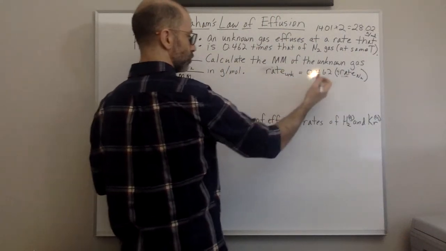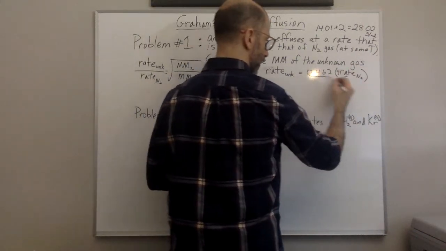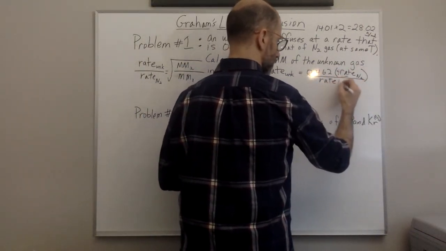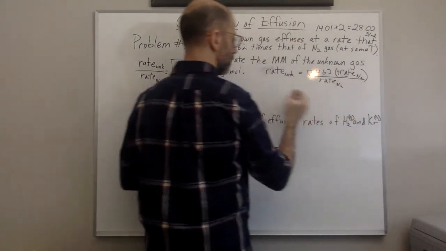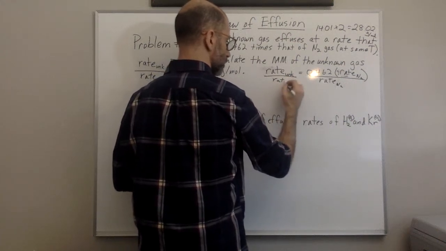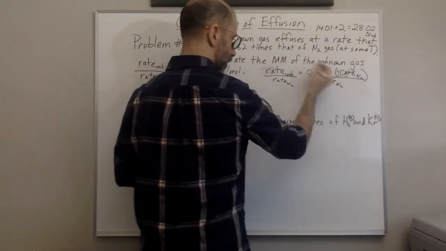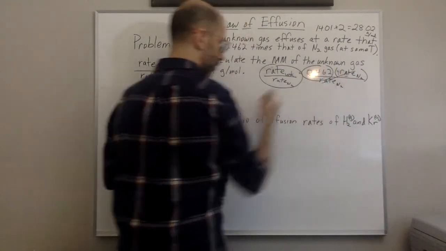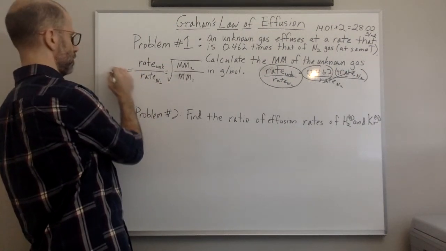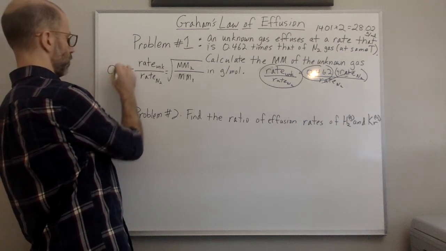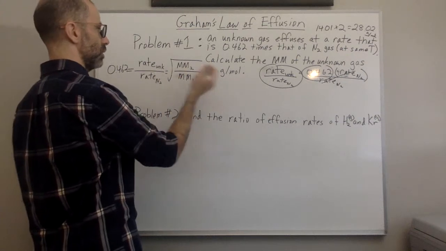If I divide both sides by the rate of N2, then I get this ratio equal to 0.462.